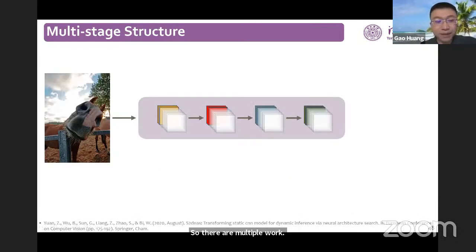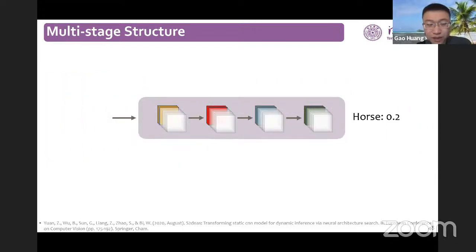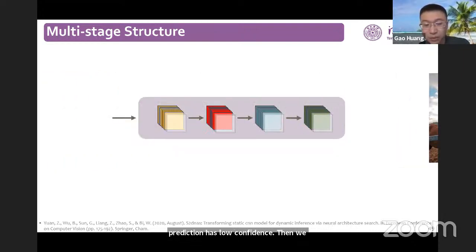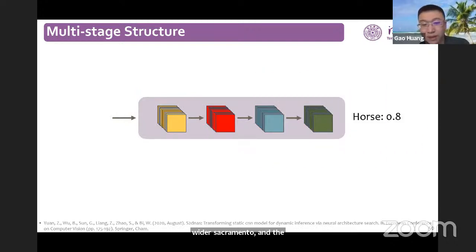Another idea is that we first run inference on an image through a thinner network, and then we get the prediction. If the prediction has low confidence, then we run inference on a wider subnetwork, and an even wider network.